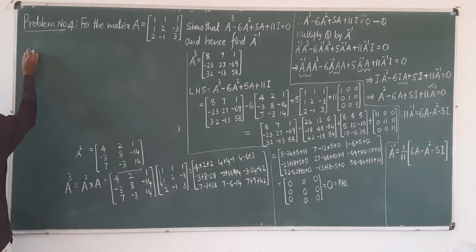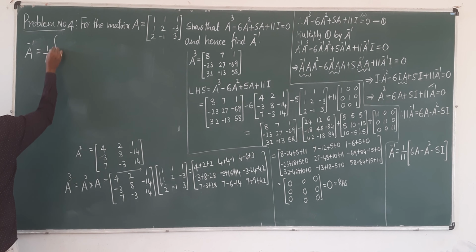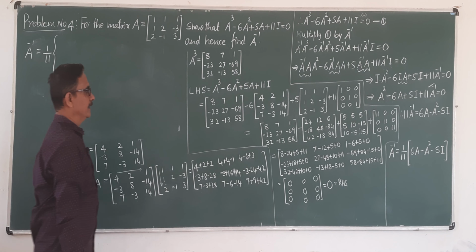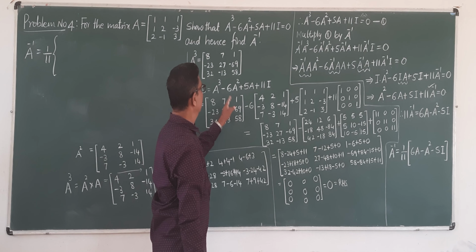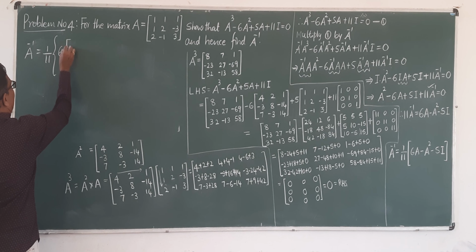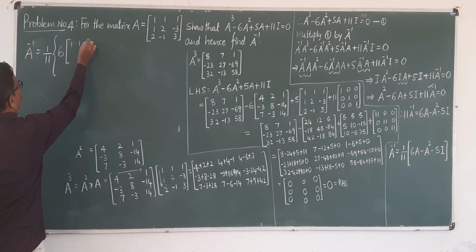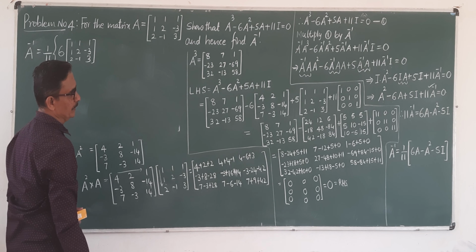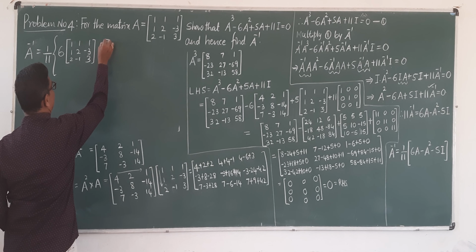A inverse is equal to 1 divided by 11 into 6A. 6 into the A matrix. The A matrix is 1, 1, 1, 1, 2, minus 3, 2, minus 1, 3. Next, minus A square.